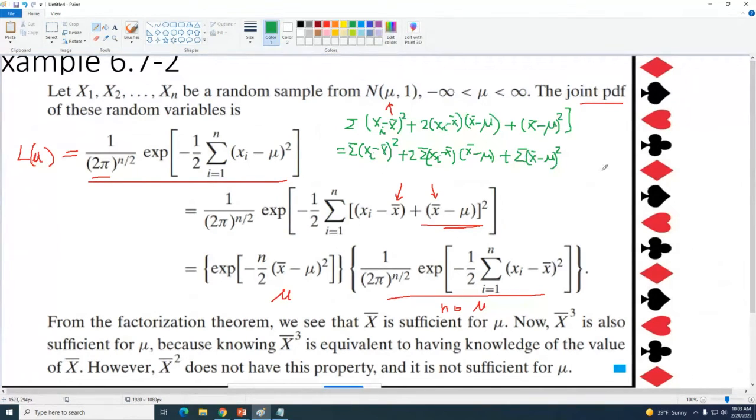I think the middle term equals 0, because the summation has index i, but x bar has no connection with i, so x bar minus mu will be a common factor. You factor it out, and then what happens is this is the summation of xi, and this is the summation of x bar. The summation of x bar, which is n, equals n times x bar.